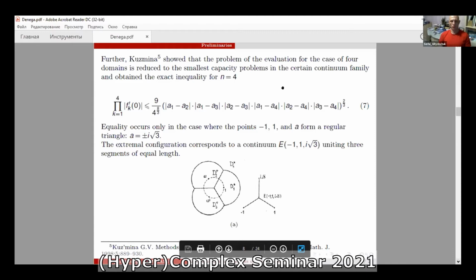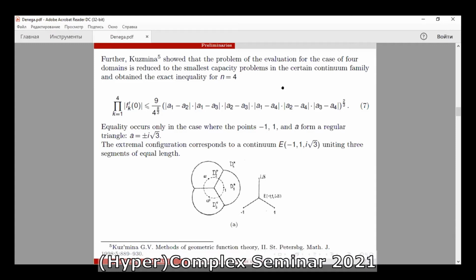Further, Kuzmina showed that the problem of evaluation for the case of 4 domains is reduced to the smallest capacity problem in a family of continua and obtained the exact inequality for 4 domains, proving inequality 7.